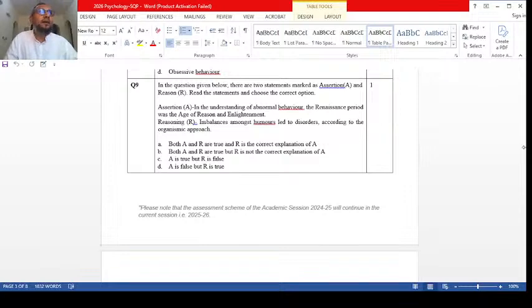Yes, conflicts happen between reason, our logic, and our emotion, and this humor is basically related to the Hippocratic theory of personality also. So assertion is totally wrong, guys. A is totally false, but R is true here. It is not 100%, but it is a little bit true. As per the given options, we also need to analyze.